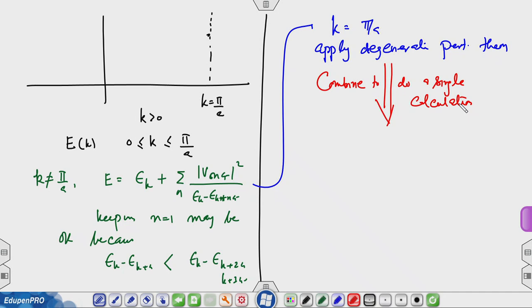And that will be that I will take this psi_k to be already a mixture of e raised to i k dot r, in this case 1D, so i k x, plus this is also not a vector, c_(k minus 2 pi by a) e raised to i (k minus 2 pi by a) x. So, I am mixing only two plane waves.